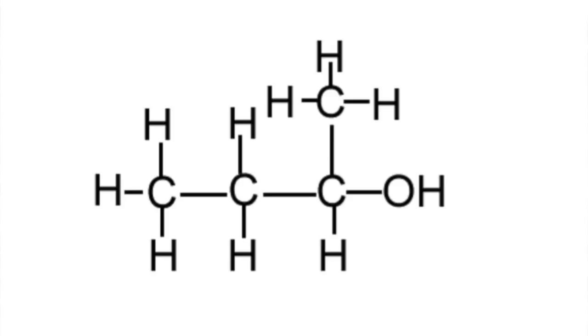So if you number from left to up, that carbon would be number 3, but we need it to be number 2. So we number from up to left, and the answer would be 2-butanol. Why butanol? Because you need to change the ending ane to OL because it is an alcohol.